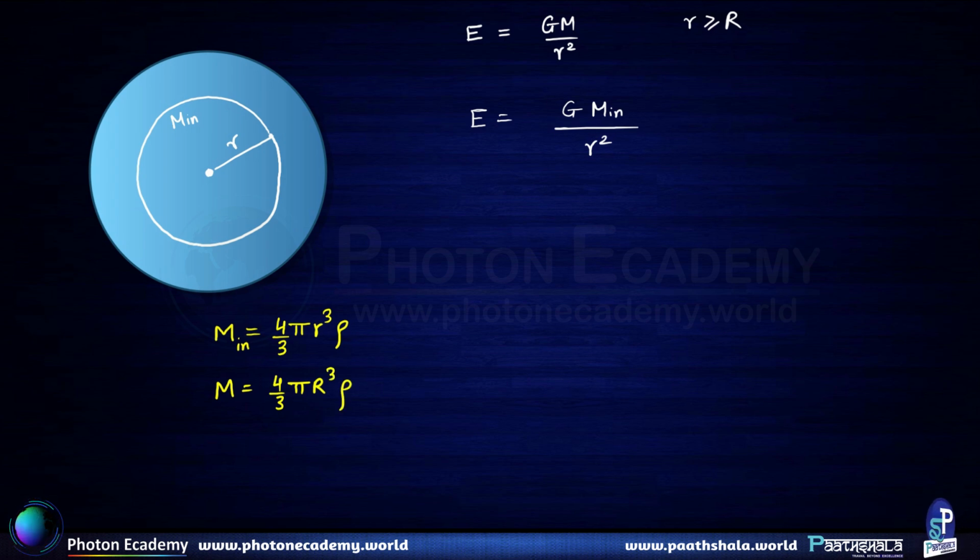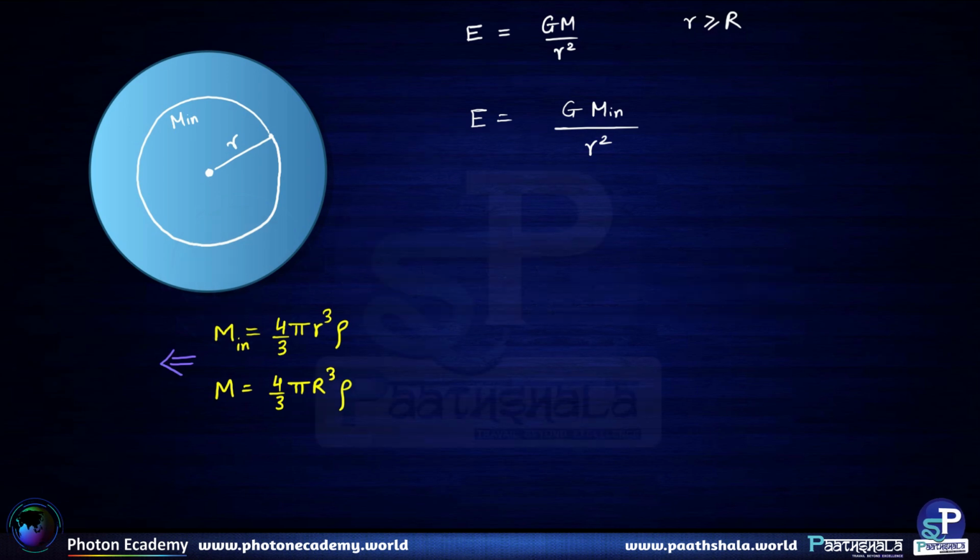So when we take the ratio, we understand that M_in is equal to r cube upon R cube into M. This is what we are going to get.